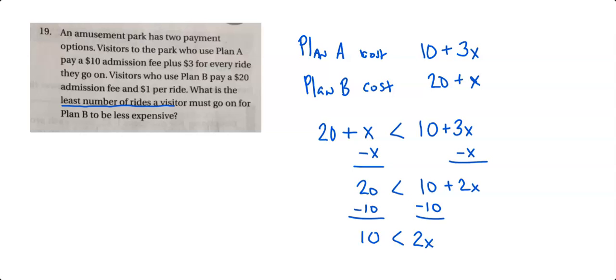Divide by 2 and we end up with 5 is less than X, which really means X is greater than 5. So the number of rides has to be greater than 5. It can't be equal to 5, so the answer is going to be 6. That's the least number of rides a visitor must go on in order for Plan B to be less expensive.